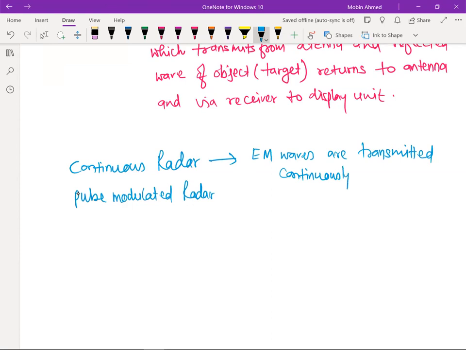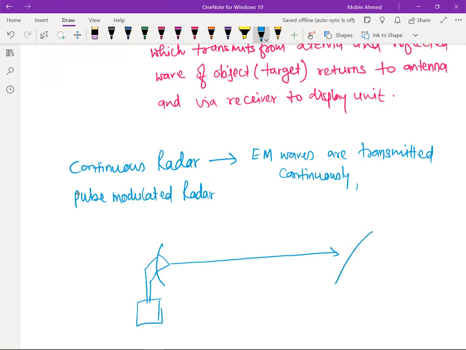The object in the path reflects the waves, and the reflected waves come back. Suppose this is an antenna continuously transmitting in whichever direction it is directed.